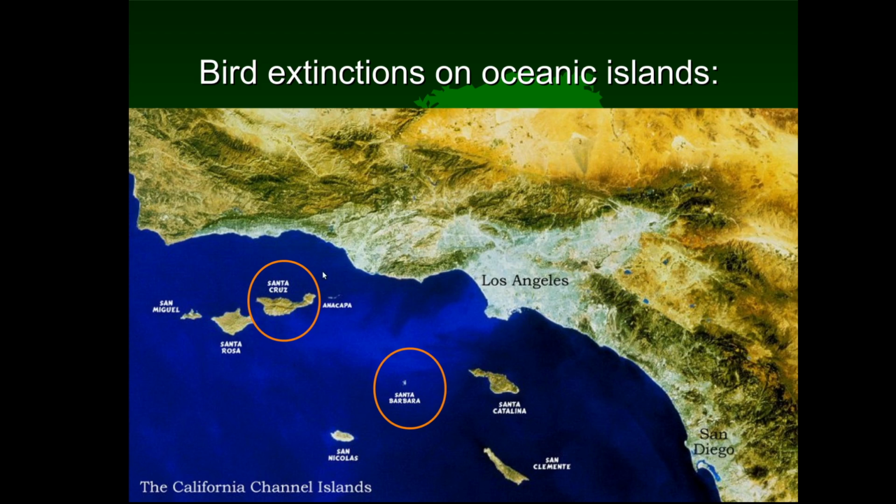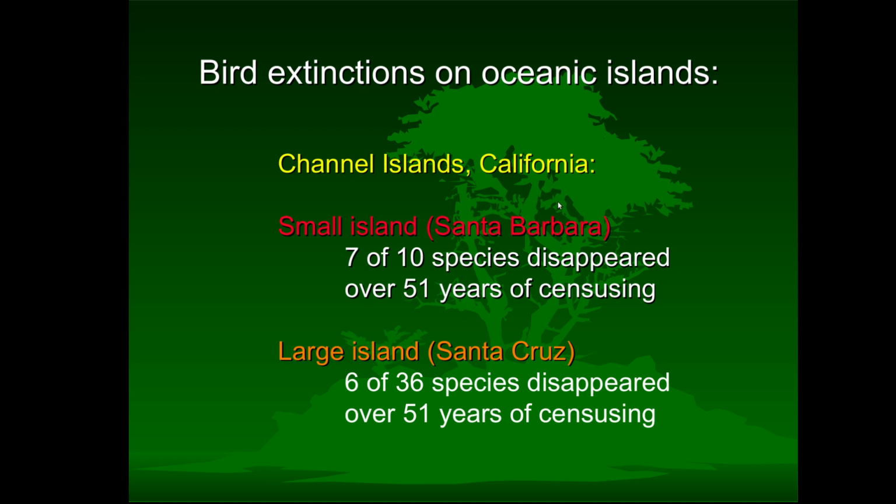If you look at the bird extinctions on large versus small islands, on Santa Barbara, over the last 51 years of bird censusing, 7 of 10 species disappeared. On the larger Santa Cruz Island, 6 of 36 disappeared over the same 51 years of censusing. And it's thought that this is just due to demographic stochasticity. Smaller islands have smaller populations, and so they're more vulnerable to random demographic events, random differences in birth rates and death rates.